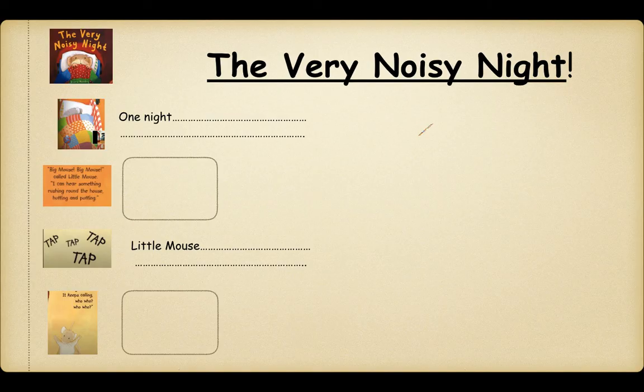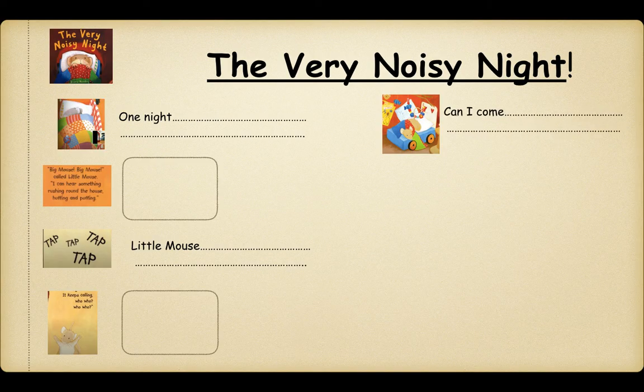Let's move to the next task. Oh dear, that's Little Mouse there. What's Little Mouse doing? Oh, he's saying something like, can I come? He's talking to Big Mouse. What does he say to Big Mouse if he started the sentence, can I come?